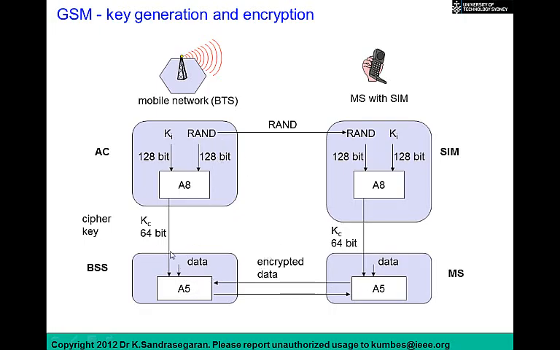So the key KC, which is generated from KI, is the key for encryption, and the only way you'll be able to generate the cipher key KC is if you had access to the subscriber key KI.